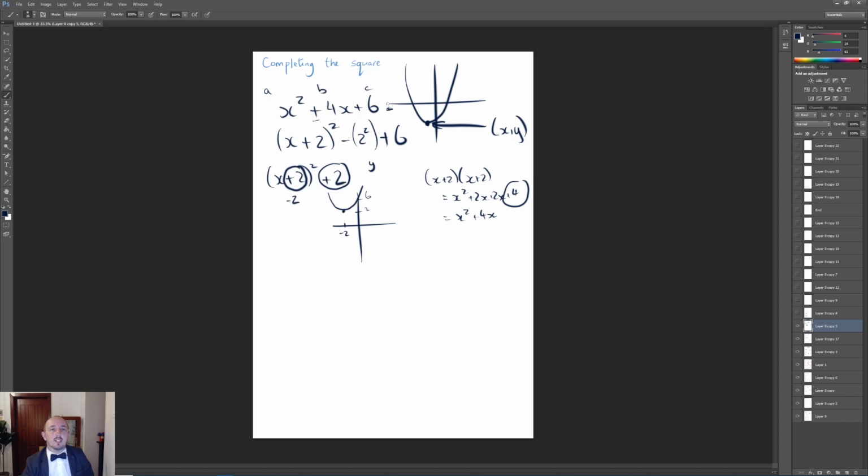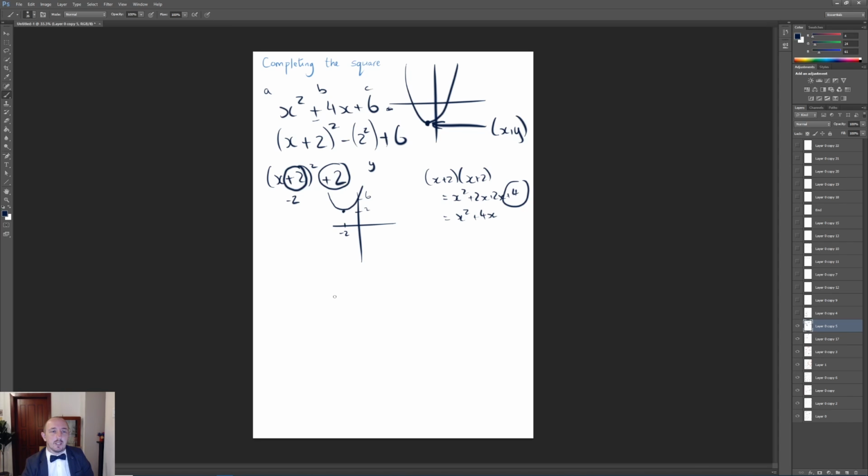So completing the square actually gives us the turning point of the graph, and it also gives us another way of solving an equation. Okay, so we can solve an equation using completing the square, although we often don't do it. We use the formula or we factorize it.